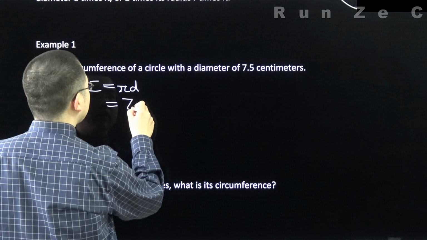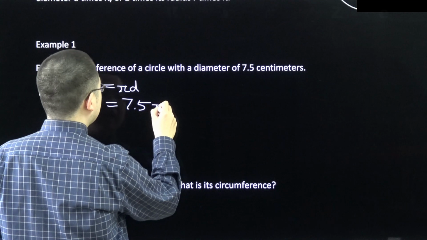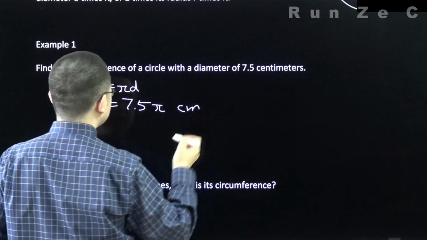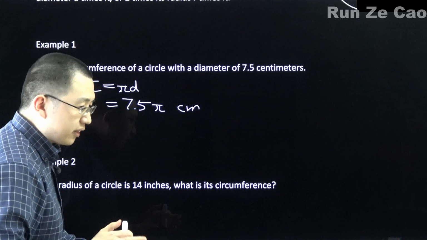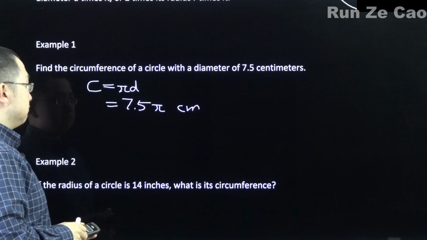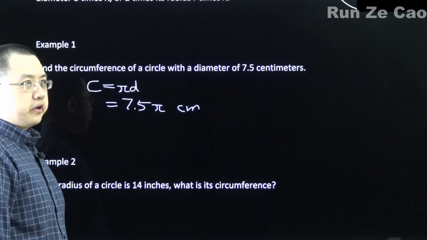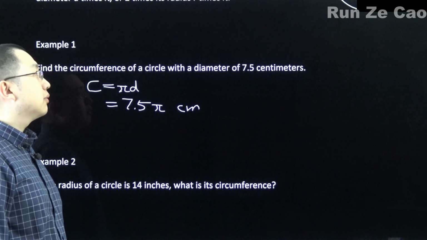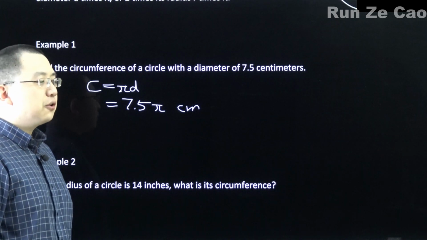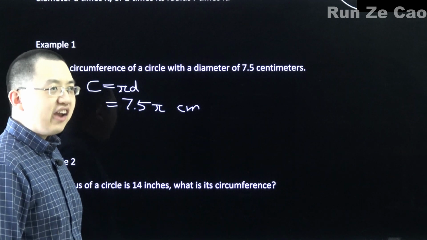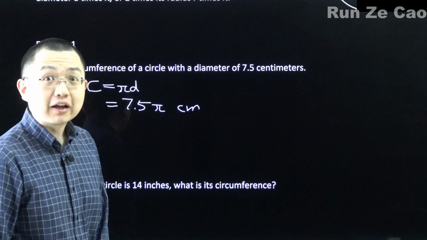It would just be 7.5 pi centimeters. This is the exact value, okay? The problem is that this isn't very useful. Like, you go to a store and you tell somebody, oh, I need to buy 7.5 pi centimeters of string.